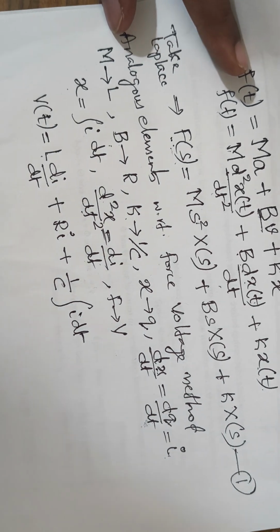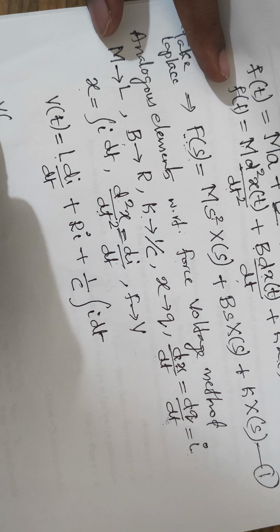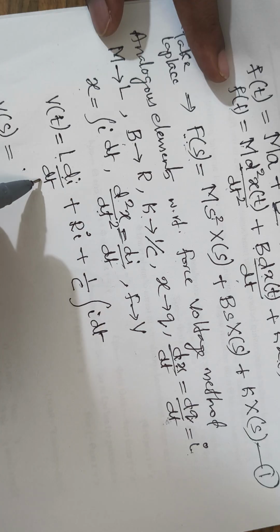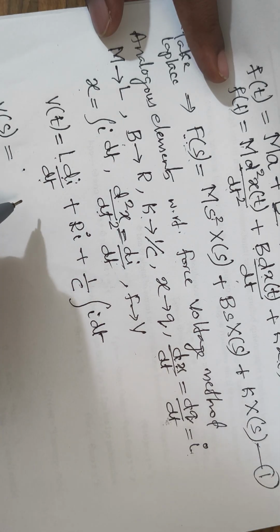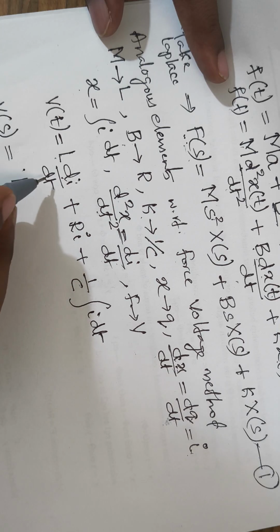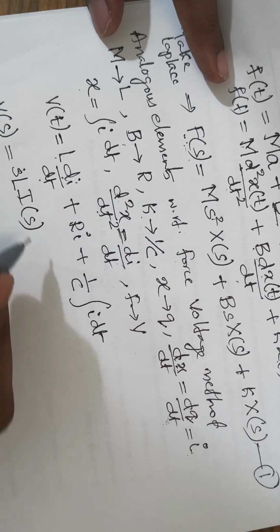Now we will write the Laplace of this equation. So the Laplace of this equation will be V of s equal to L as it is, di by dt, which can be written as s into I of s.